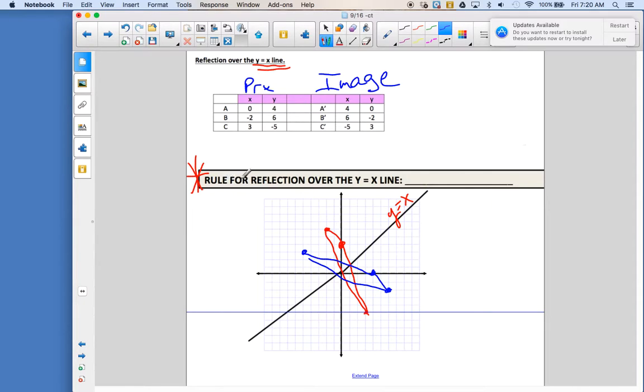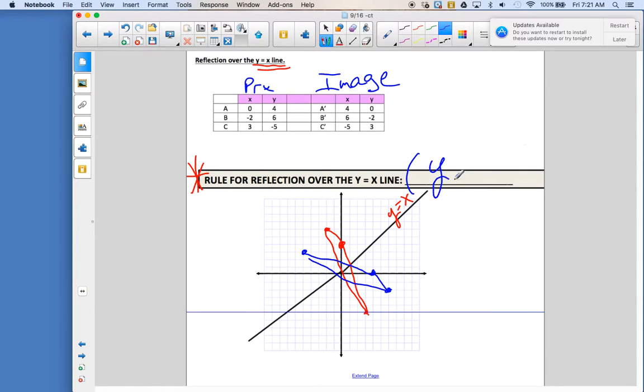So what I want to remember, really, because this is hard to do just by looking, is what is the rule? What is happening here? I'm going from 0, 4 to 4, 0. On B, negative 2, 6 to 6, negative 2. And on C, I'm going from 3, negative 5 to negative 5, 3. So what would I say is the rule? How is the point changing?